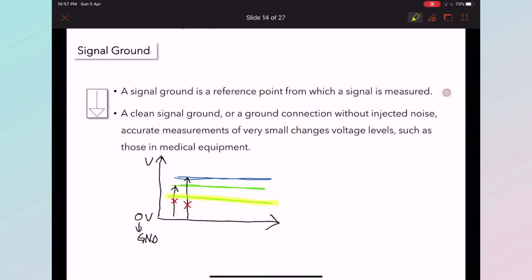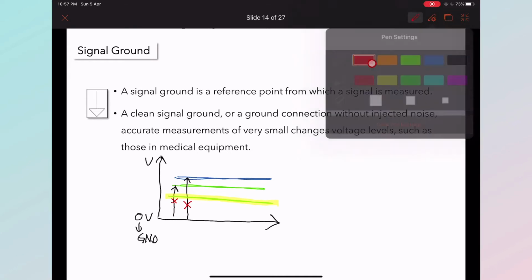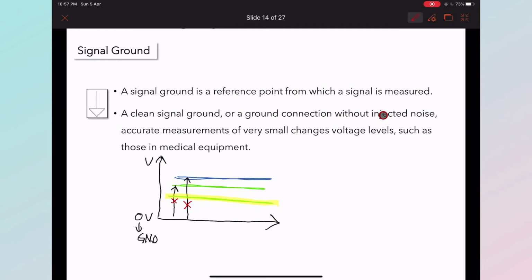So this is another signal which is introduced into the system. Now the level of these signals which are already running in the circuit will be measured from this signal. This one is signal ground.